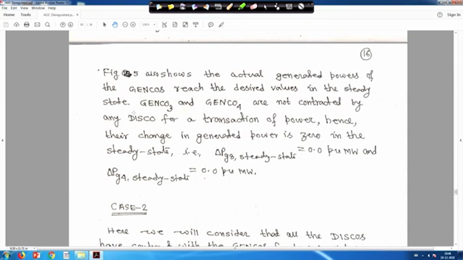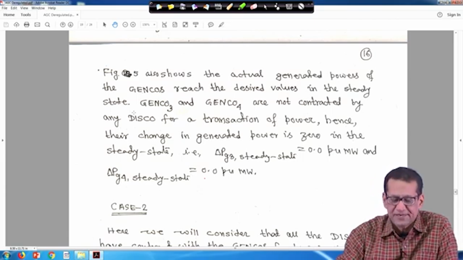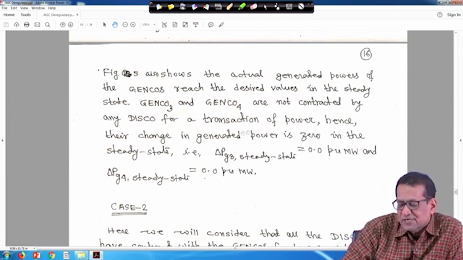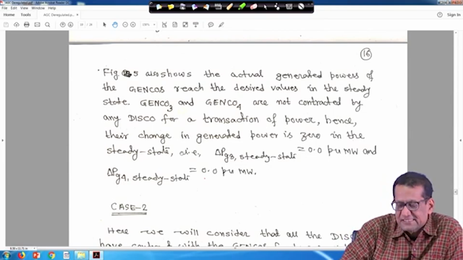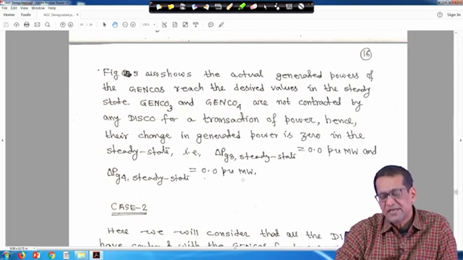When you read this, keep figure 5 separately, download it and just see it. GENCO 3 and GENCO 4 are not contacted by any DISCO for a transaction of power, hence their change in generated power is 0 in the steady state, that is delta Pg3 steady state is 0.0 per unit megawatt and delta Pg4 is 0.0 per unit megawatt.